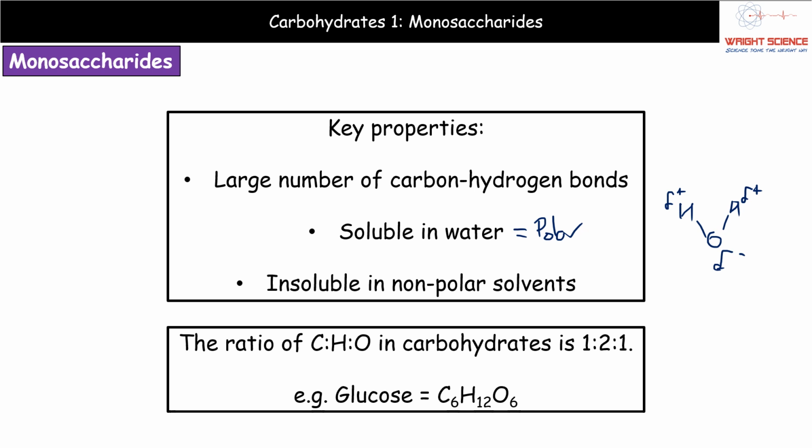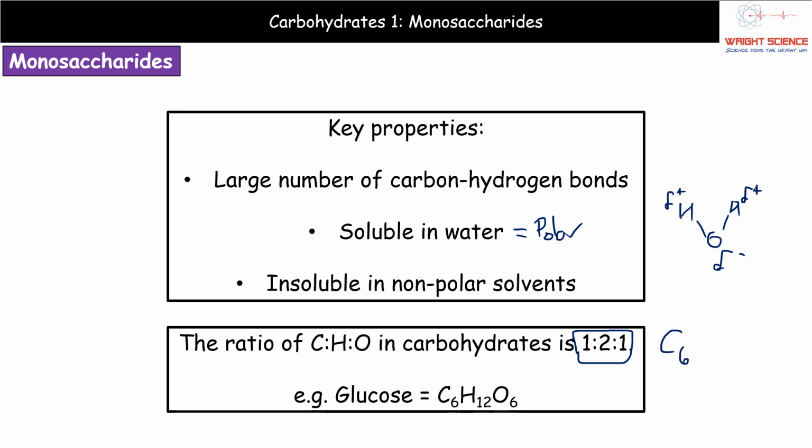An important thing to remember is this ratio of the carbons to hydrogens to oxygens, and it is as simple as 1 carbon to 2 hydrogens to 1 oxygen. Now, if we know this ratio, then whatever number of carbon atoms they give you for a carbohydrate, we can work out its formula. So we've got glucose as an example. If we know that there is a monosaccharide with 6 carbons, then we apply our ratio.